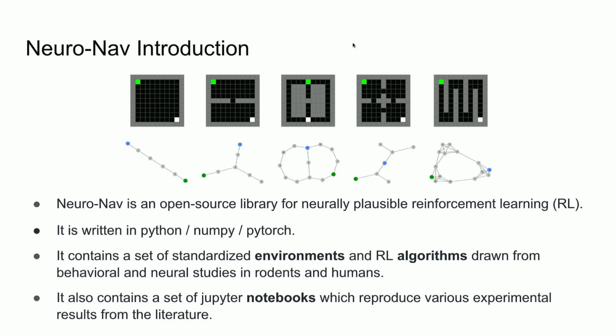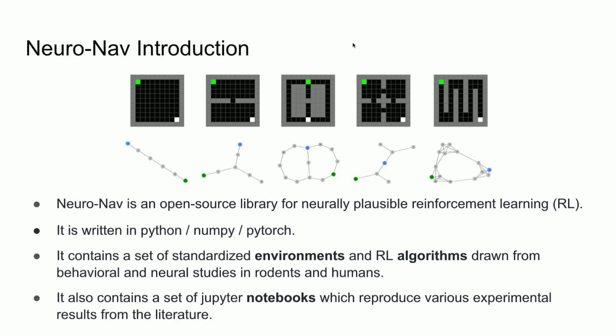We then have a set of canonical tabular reinforcement learning algorithms, which I'll go into in more depth shortly. And then the third component is a set of Jupyter notebooks that you can either run locally on your machine or in Google Colab, each of which either introduces some relevant aspect of reinforcement learning or reproduces some subset of results from relevant papers in the literature. So these are all things that are expanding over time.